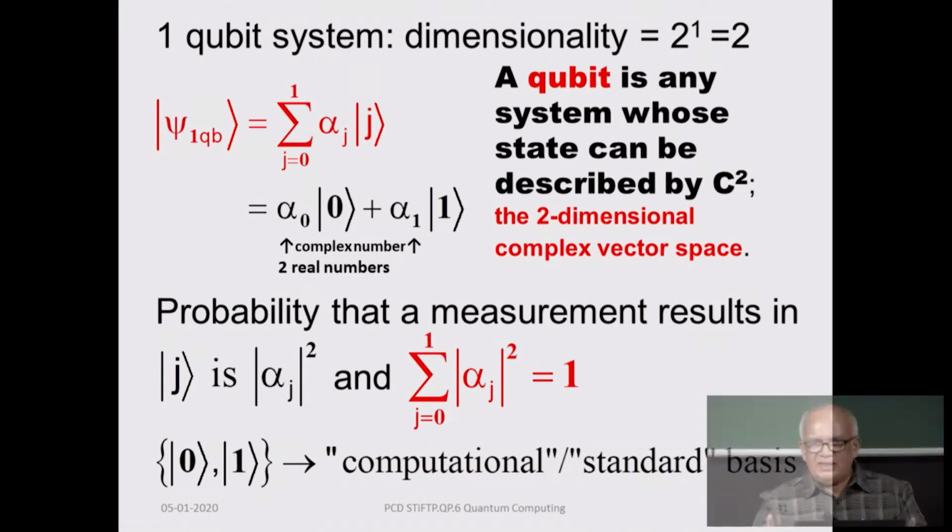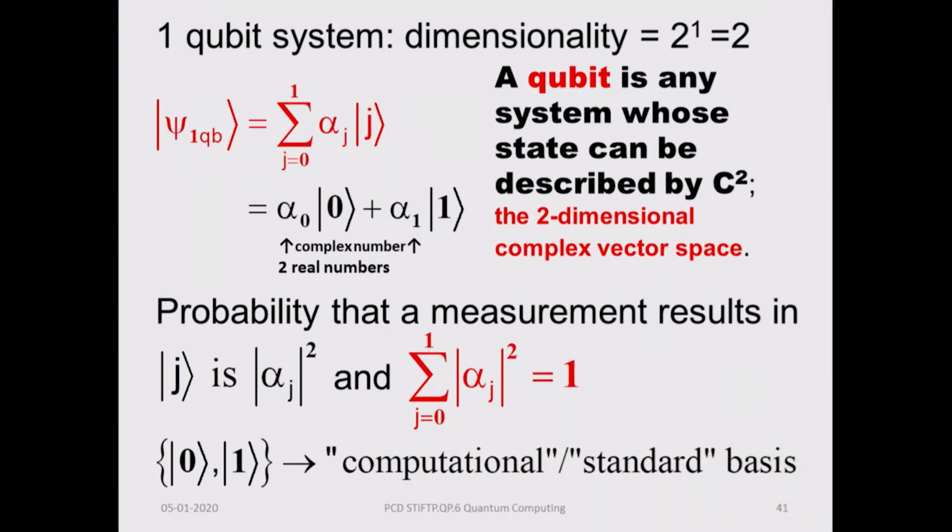And if you use a basis set to span this Hilbert space, then the basis set consists of these two vectors 0 and 1. These are the eigenbasis vectors, and this is called the standard basis, or in computational literature, the computational basis.